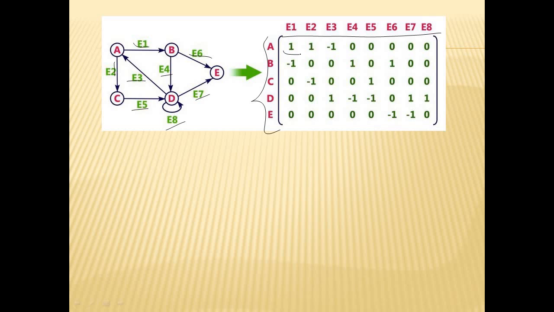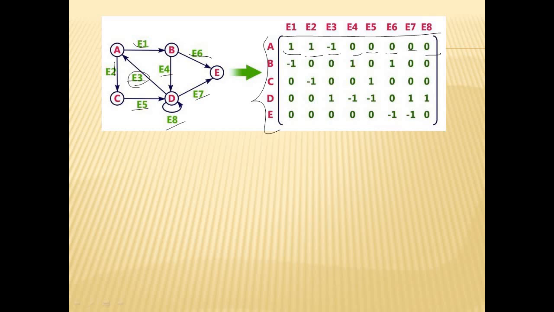Yes, and it is also out. So 1. A and E3. Is A connected with edge E3? Yes, it is incoming. That's why it is represented -1. And it doesn't have a connection with E4, E5, E6, E7, E8.